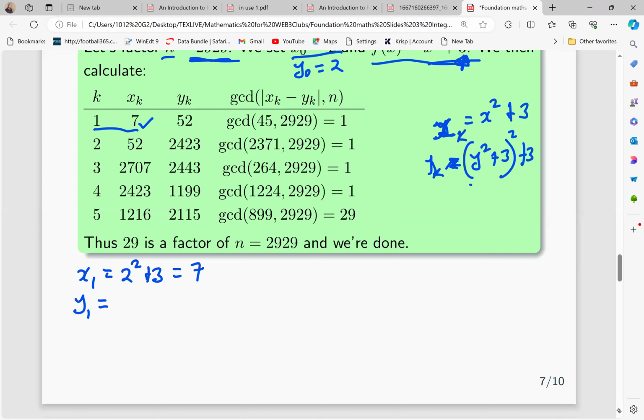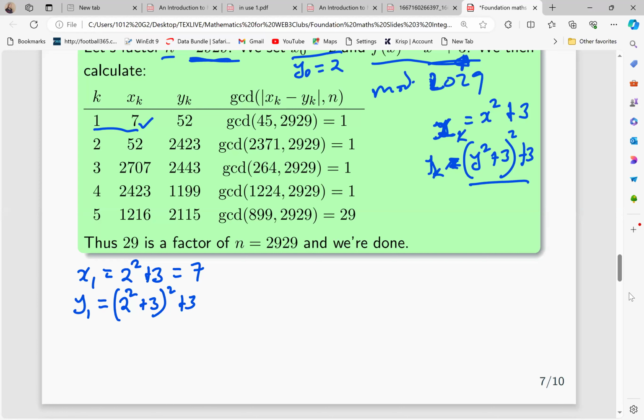Put it in this equation. Where there is y, put the value of x naught, which is 2, square plus 3, square the result, then add 3 to the result. Remember, you're doing it mod 2029.